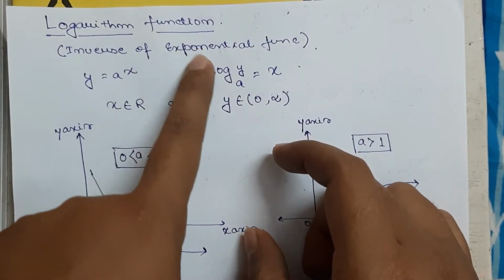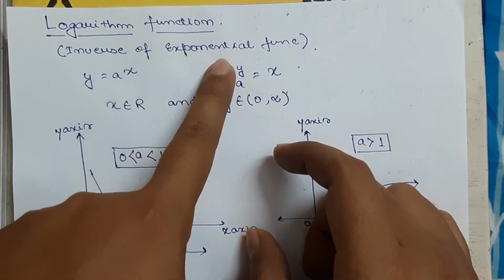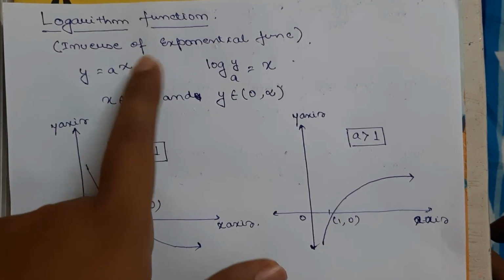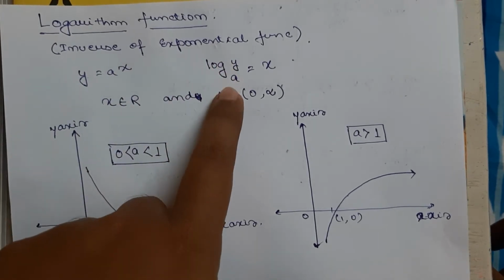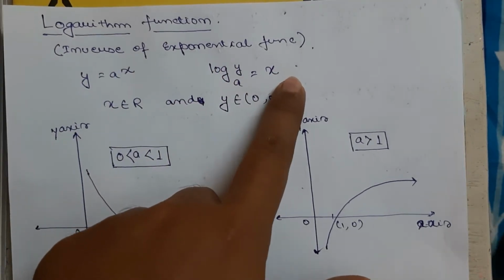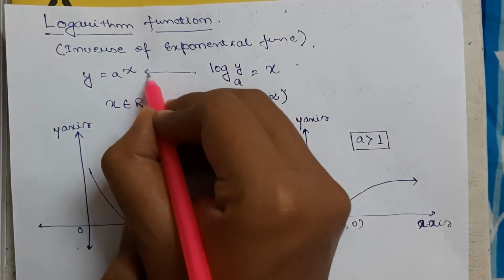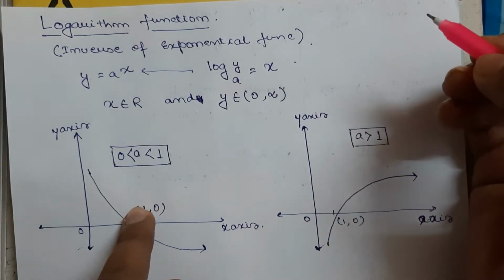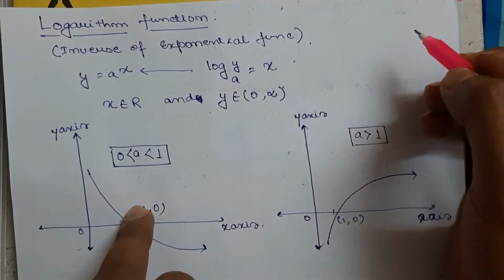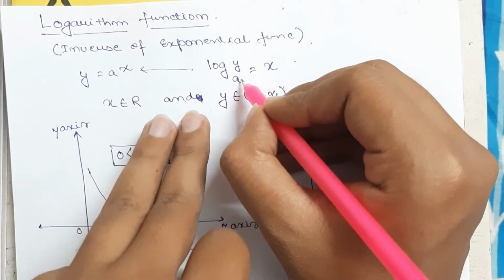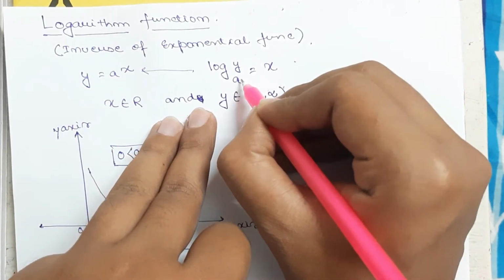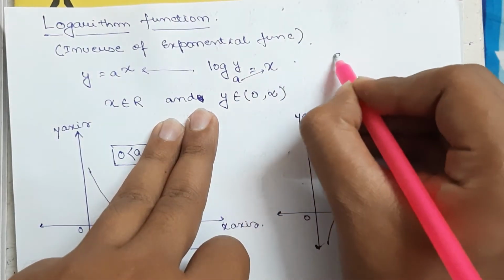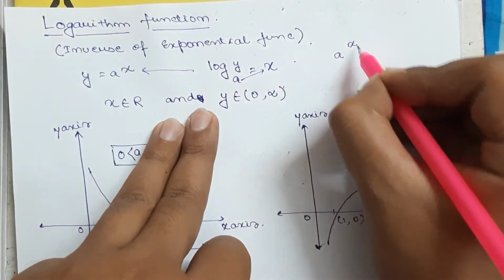So the logarithmic function is nothing but the inverse of the exponential function. See, as you can see, y is equal to a to the power x, we can write log y to the base a equal to x. Okay, how can you achieve this? See, it is not the right process, but I am explaining in an easier way so that you can remember it. Suppose you push this a up, x goes up, right?